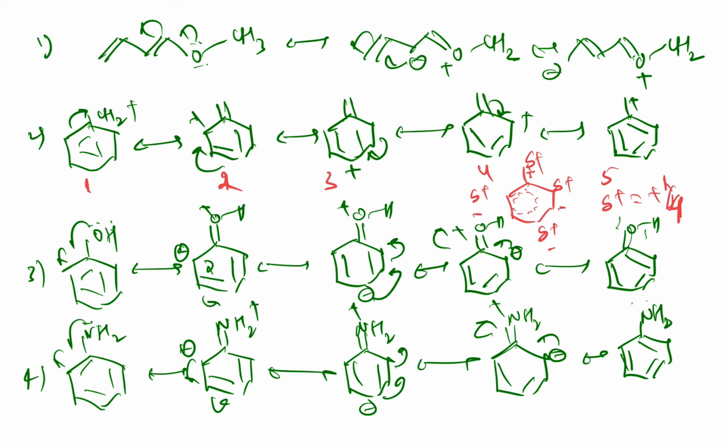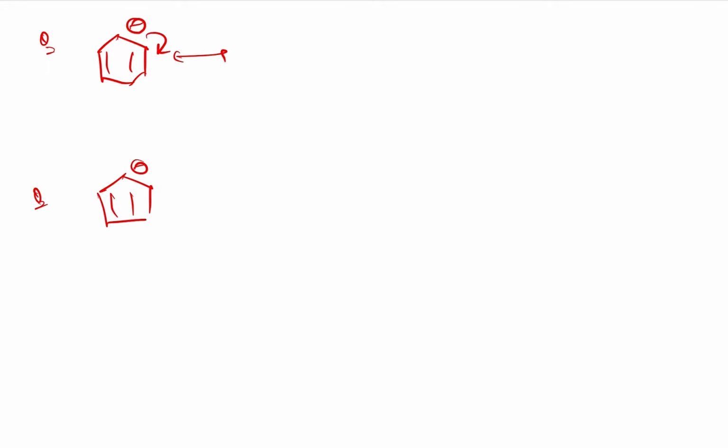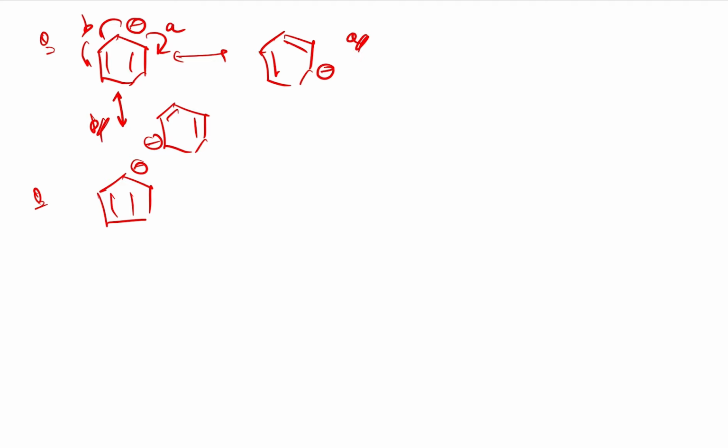Now let's draw 2 or 3 more structures to understand this particular case more. Like we have a question. Here is a negative charge, and one more question we have over here. Here is a negative charge. So whenever it is a negative charge, one resonance will go in that direction, and one resonance will go in this direction. So here it is A and it is B, so it will be structure A by resonance, and structure B by resonance.